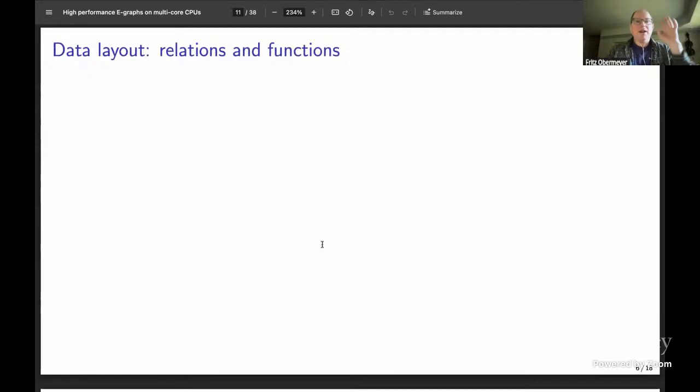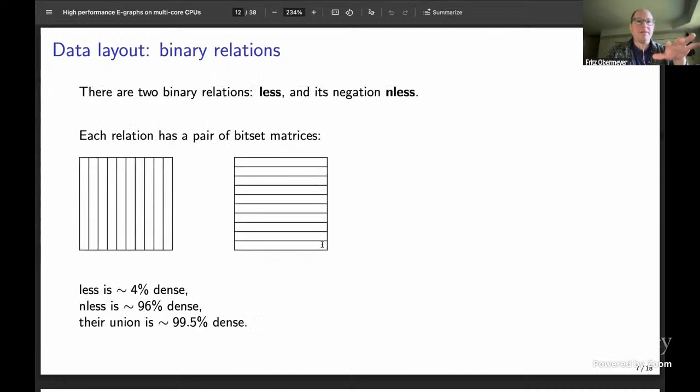Okay, so now I've described the relations and the functions, let me describe the layout of these things. Let me start with binary relations first because they're simpler. I have this general compiler that in theory works with any binary relation, but in practice, in 20 years, I've only ever had these two relations: less, which is really less than or equal to, and its negation, n-less.